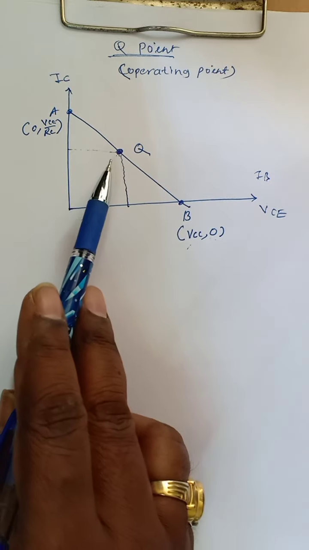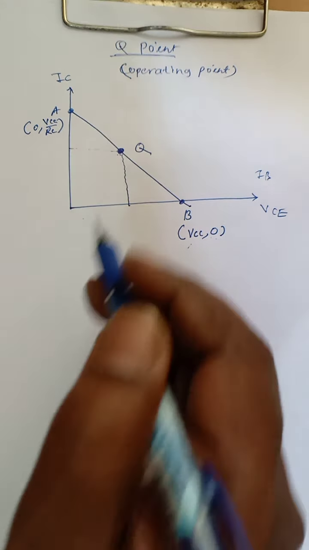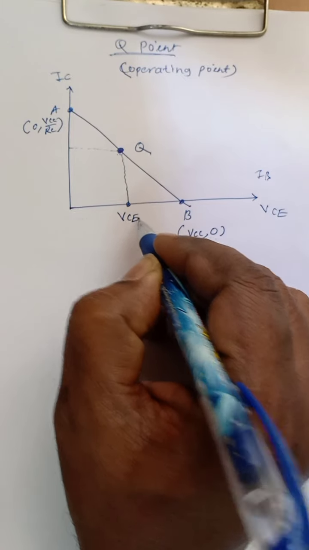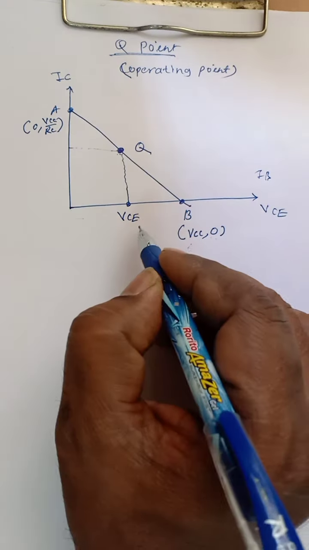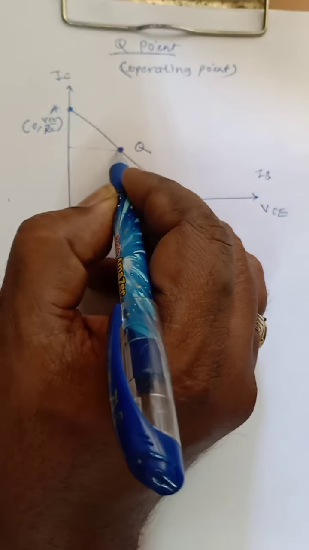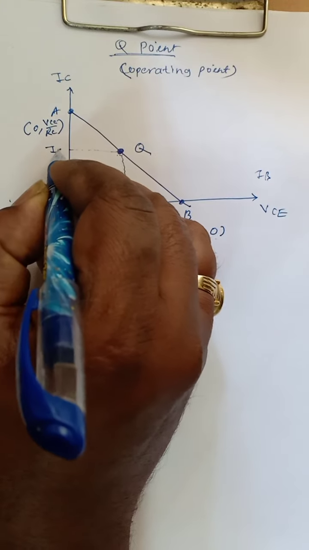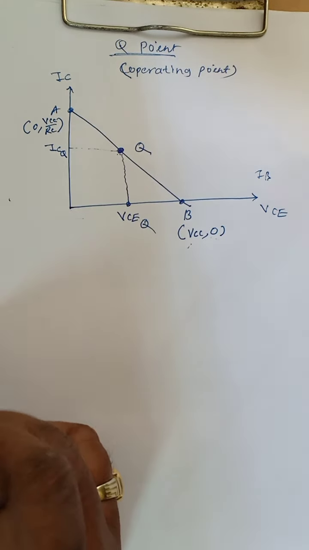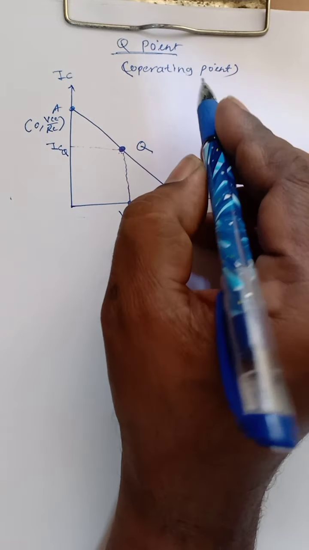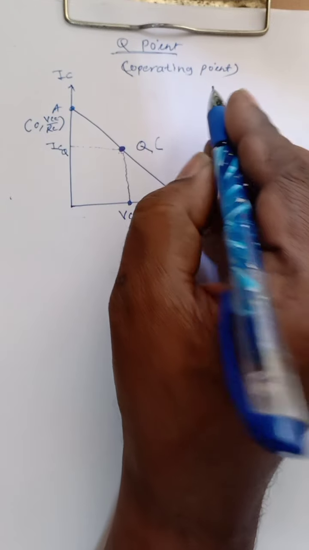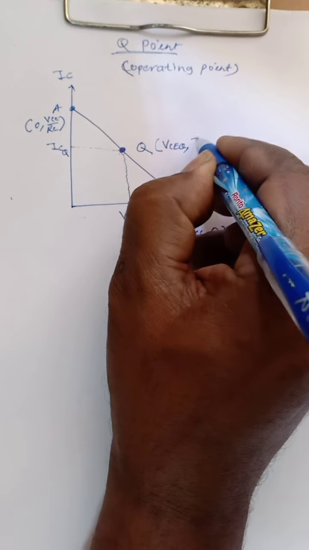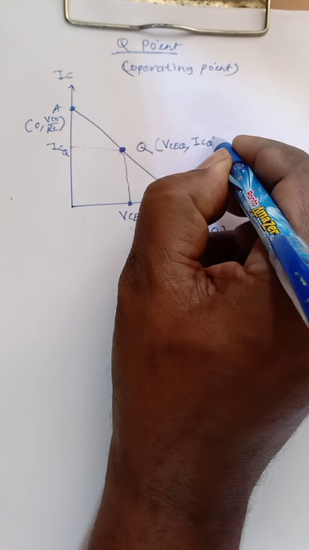The collector to emitter voltage is known as VCEQ, and the current flowing through the transistor is ICQ. So the coordinates of the Q point are VCEQ comma ICQ.